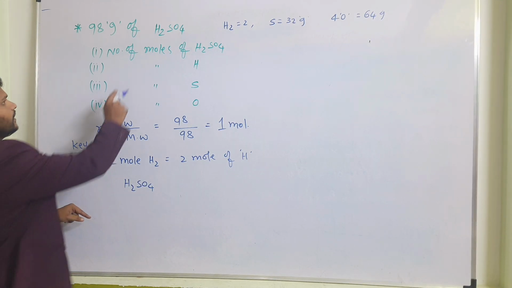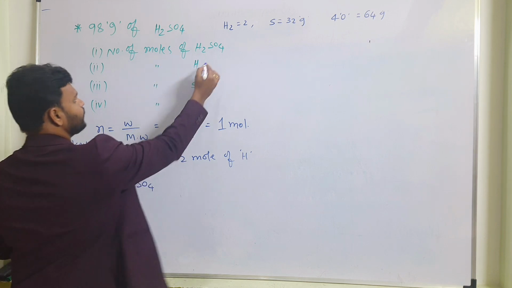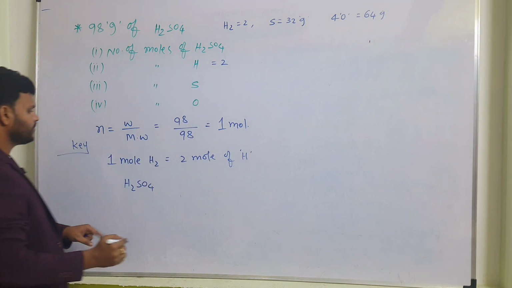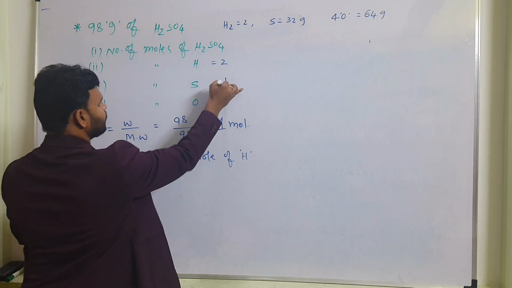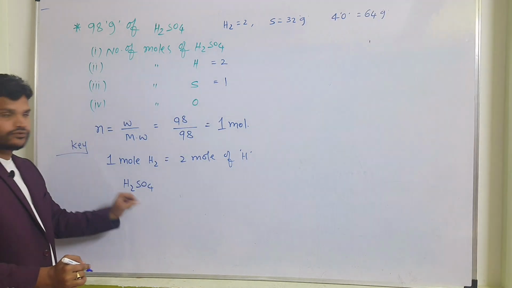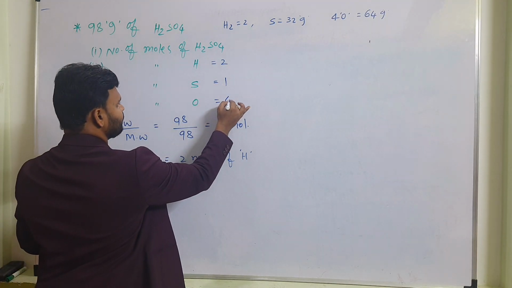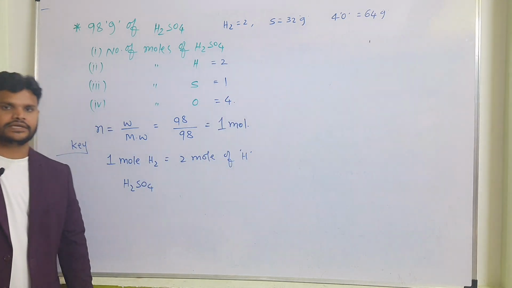That indicates number of moles of hydrogen equal to 2. How many sulfur? Only 1 sulfur. Number of moles of sulfur equal to 1. How many oxygens? 4 oxygens. So number of moles of oxygen equal to 4. Clear? This is the logic.